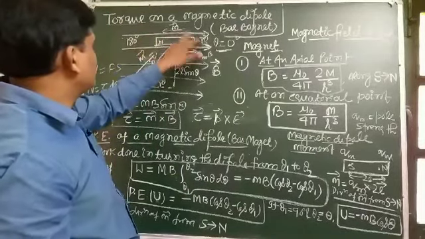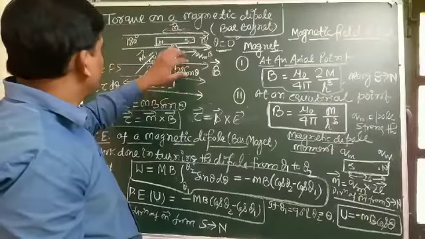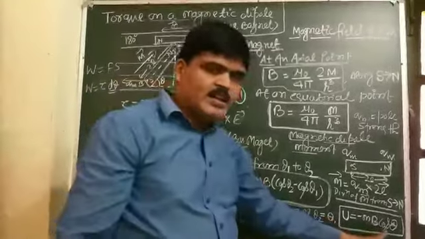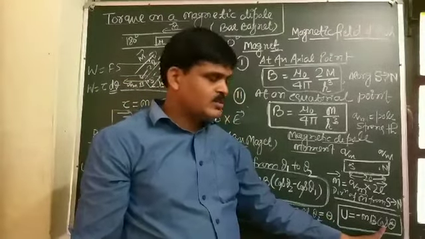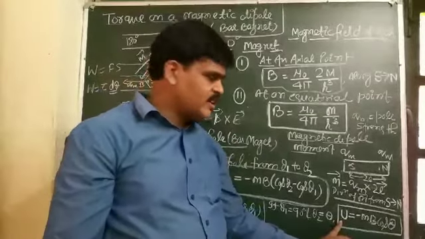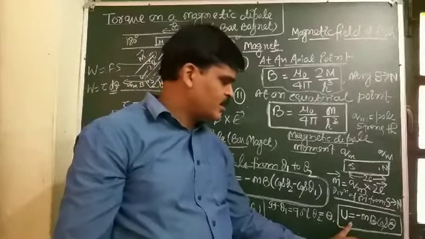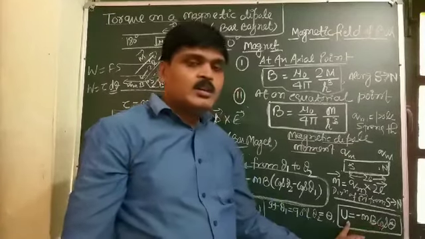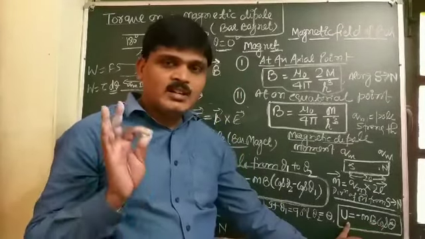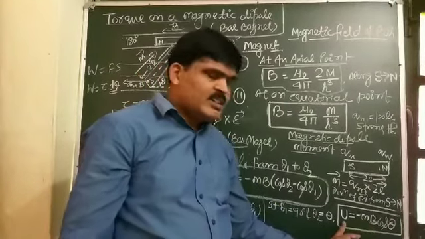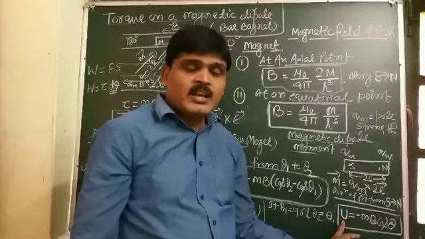So in unstable equilibrium, the angle between magnetic moment and magnetic field is 180 degree, and cos 180 degree is minus 1. So potential energy can be written as minus mB into minus 1. So in unstable equilibrium, theta is 180 degree, and potential energy comes out to be plus mB.